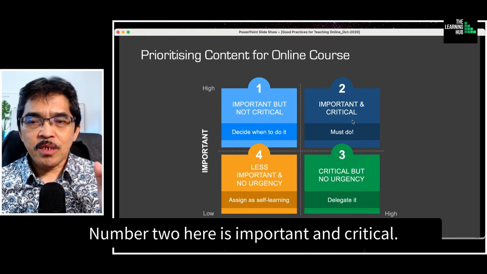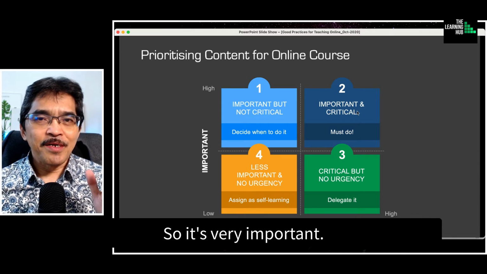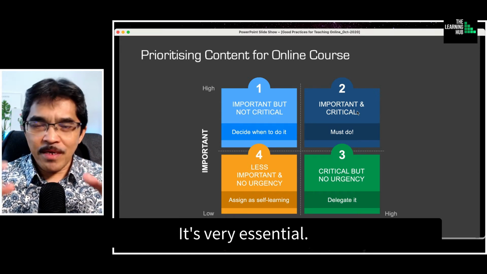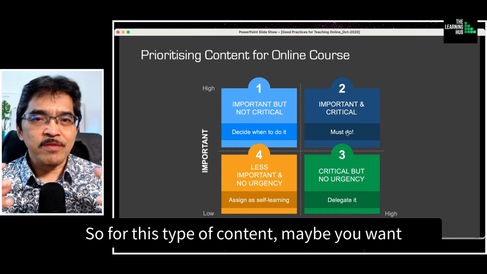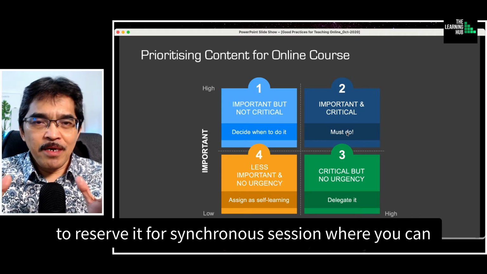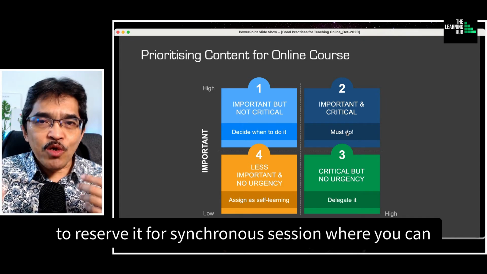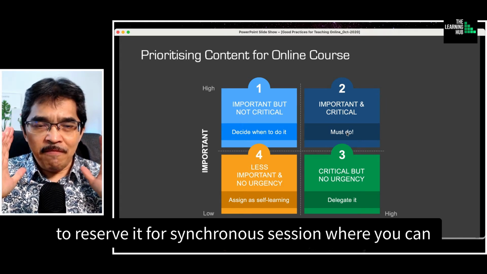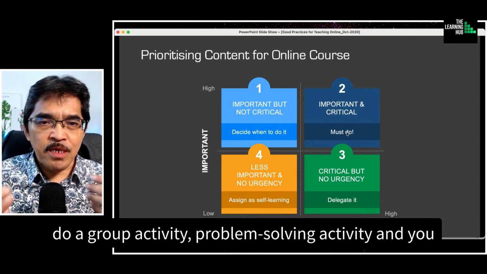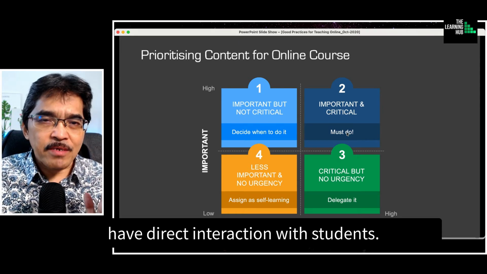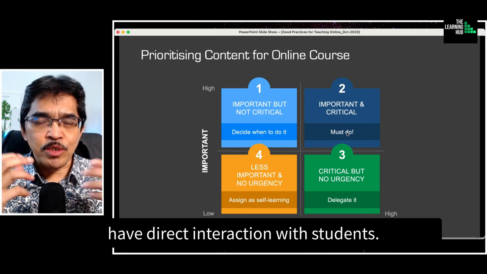Number 2 here is important and critical. So it's very important, it's very essential. So this is something that you must do. For this type of content, maybe you want to reserve it for the synchronous session, where you can do a group activity, a problem-solving activity, and you have direct interaction with the students.